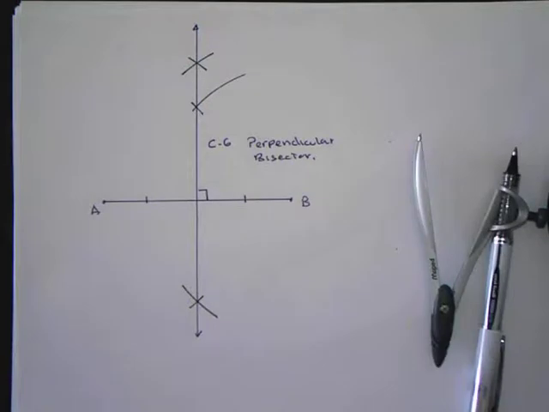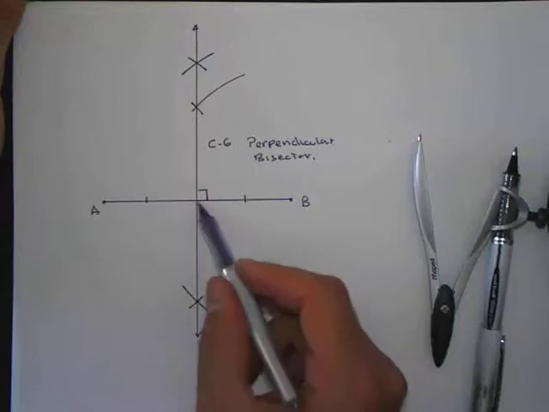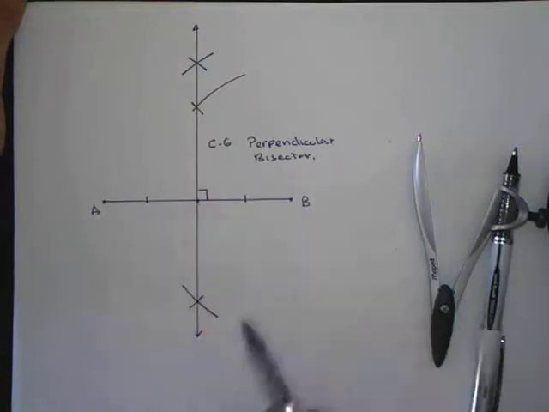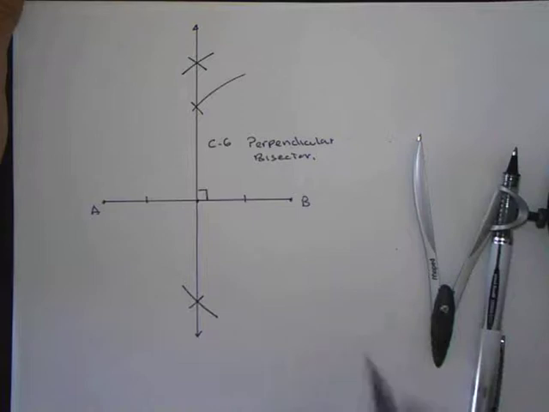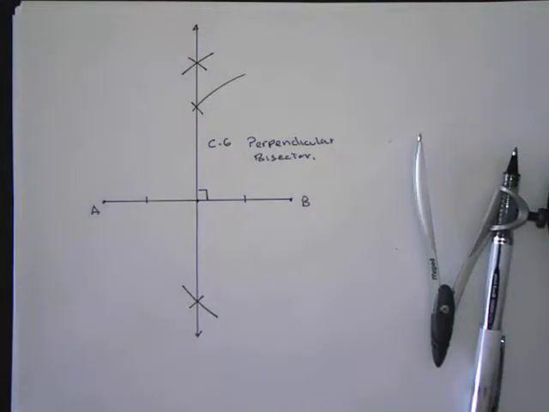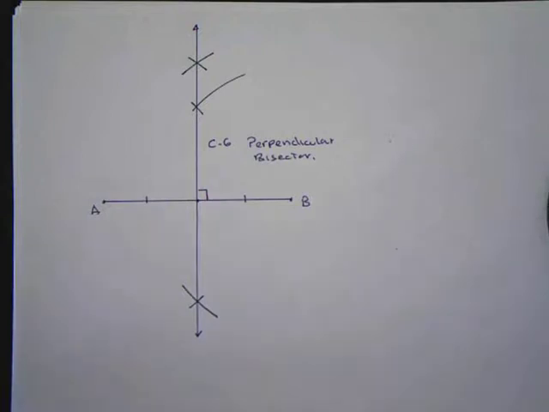So this construction that we did has a neat side effect. This particular point is not only the place where this perpendicular bisector crosses segment AB, it is in fact the midpoint of AB. So anytime you want to construct the midpoint of a segment, this is a great thing to do. In fact, it is the main thing you're going to be doing for a lot of constructions coming up.